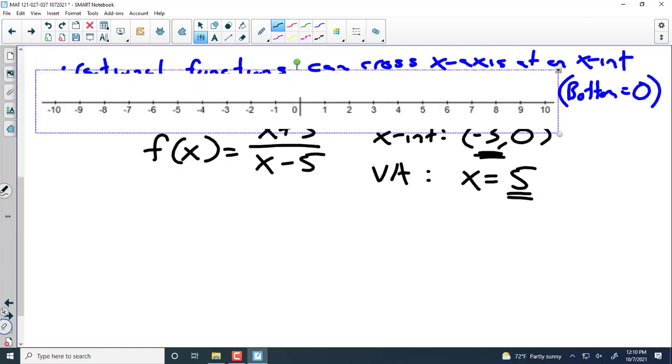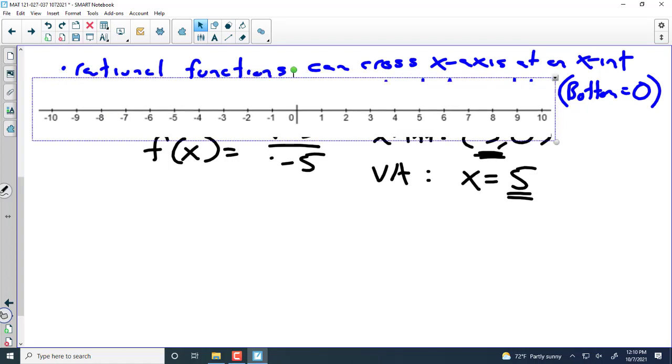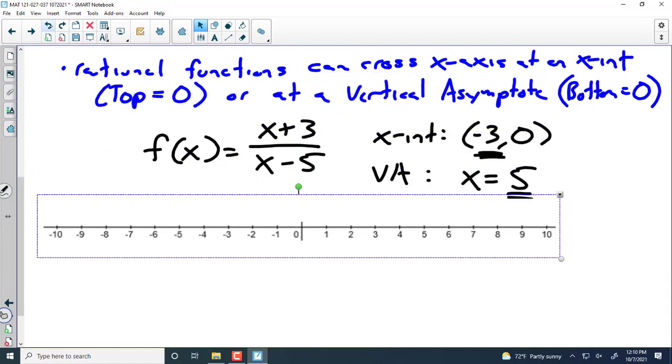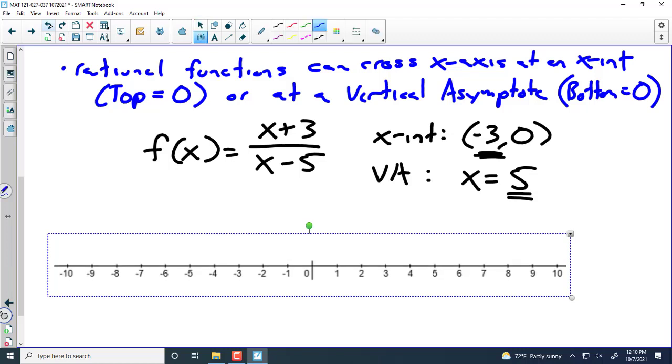So, if I get my number line, I label these two values on it: -3, because that's an x-intercept, and 5, because that's a vertical asymptote.